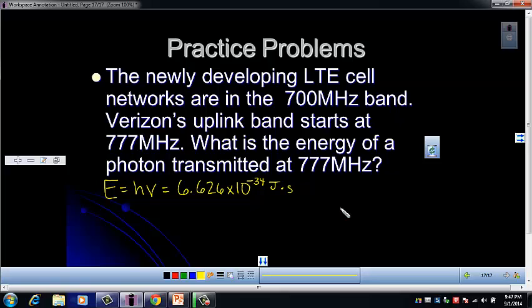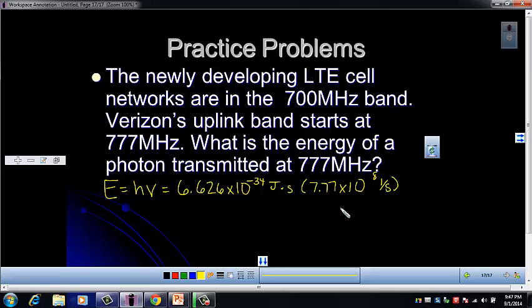And then we know from our last screen that our frequency, we want it in hertz, not megahertz, so we're going to use 7.77 times 10 to the 8th, and we're going to call that 1 over second.